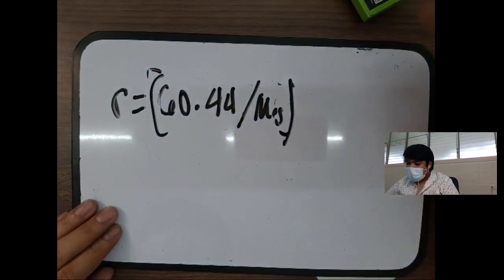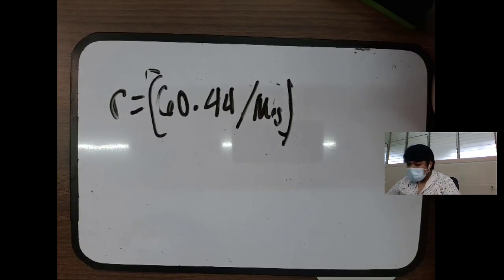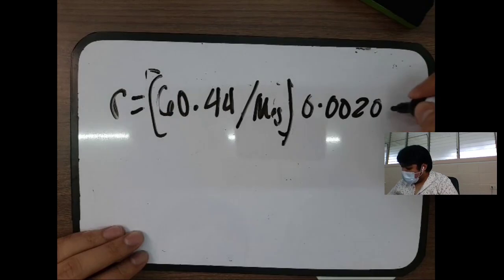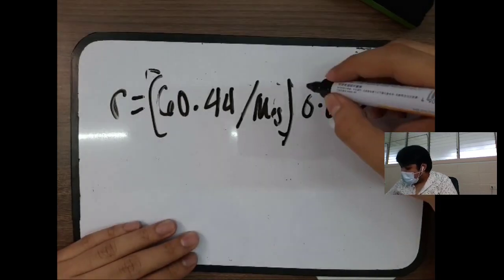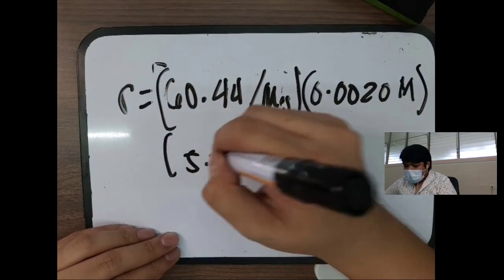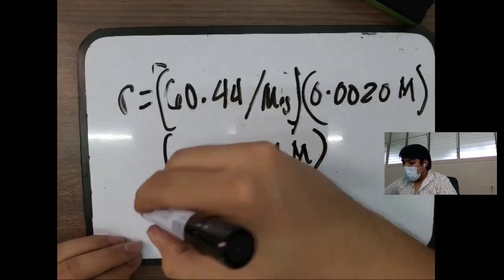Then substitute the values, which is 0.002 molar for hypochlorite and 5.0 times 10 to the negative 4 molar for iodide.